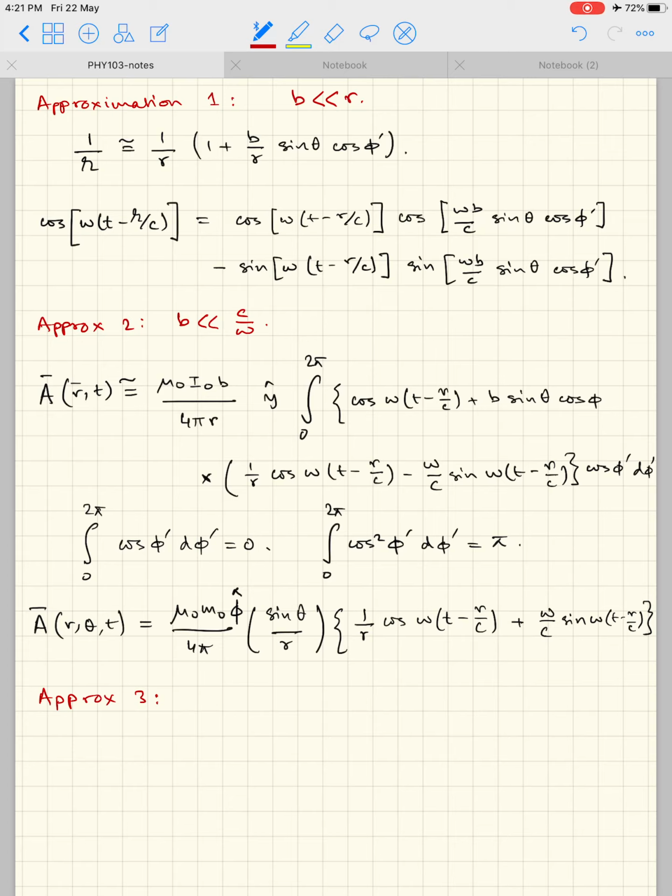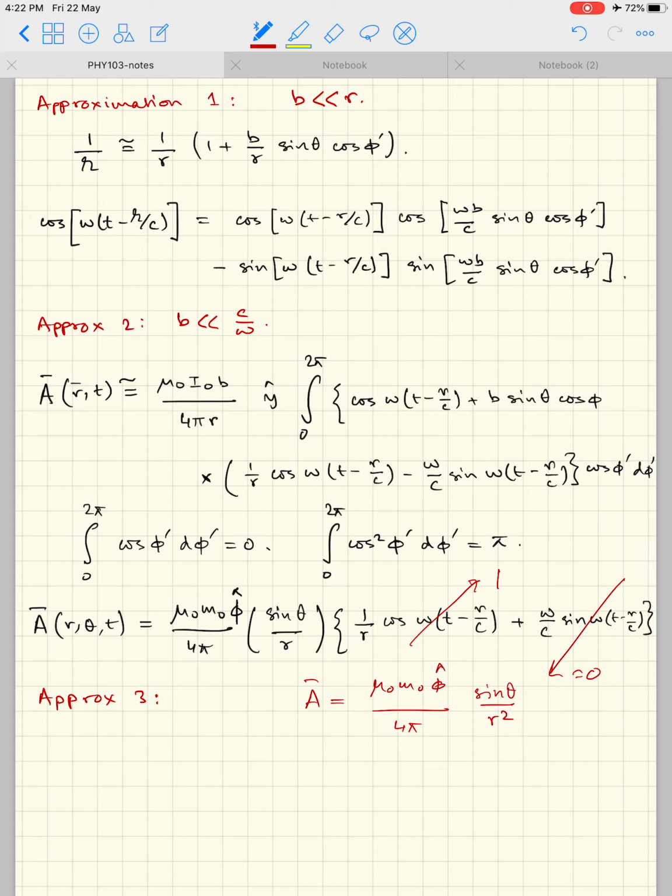So this becomes equal to 0, and this factor becomes equal to 1, and so what you have is just A is mu naught m naught phi cap by 4 pi into sine theta by r squared.